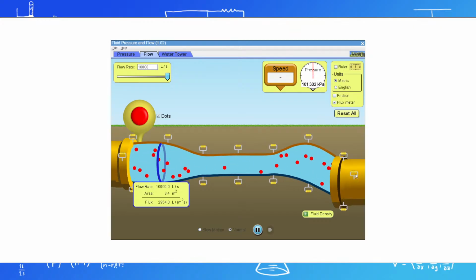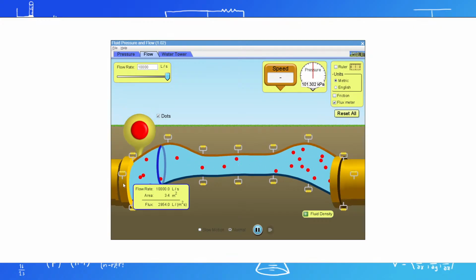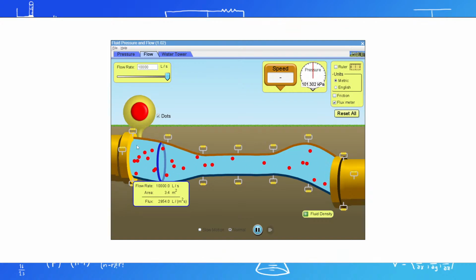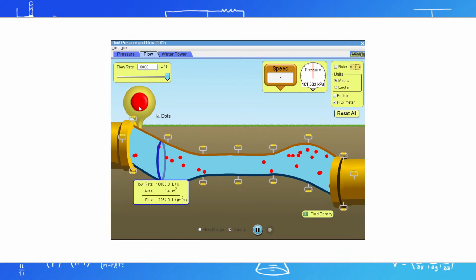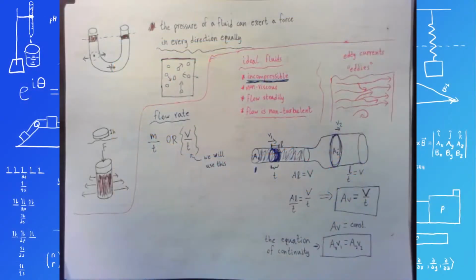But yeah, you can grab the handles on the pipes themselves and move them around if it pleases you. And there we go. That's it for that simulation. Let me go ahead and refresh the page just in case we need to open it up again. I won't close it just yet.